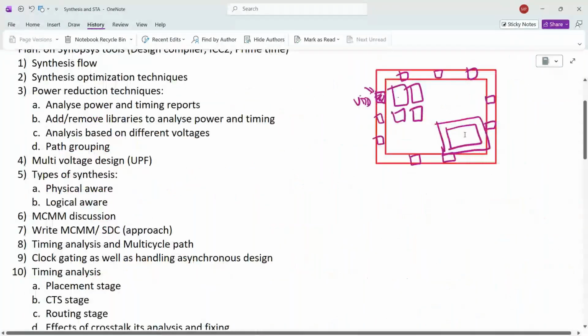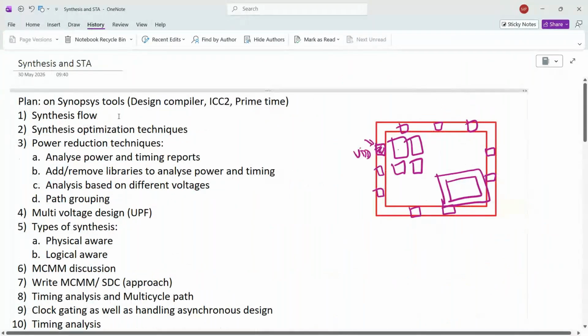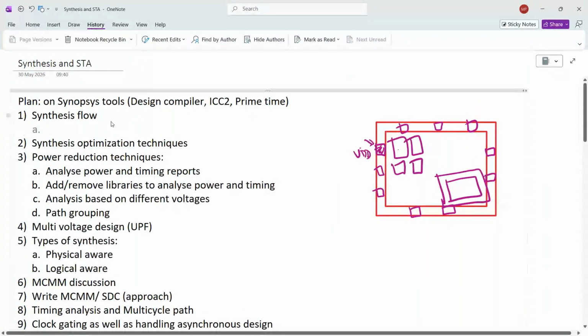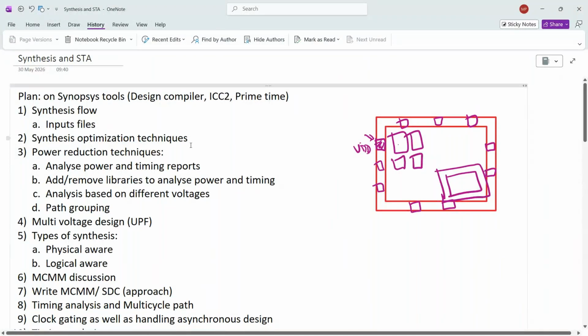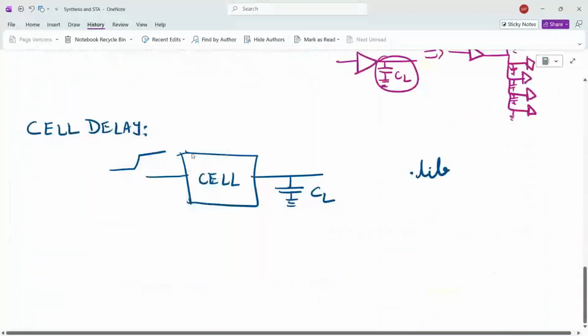When we are doing the synthesis flow, we are also going to go through what the contents of the input files are, and what things are present in which file. The .lib file has the lookup tables.